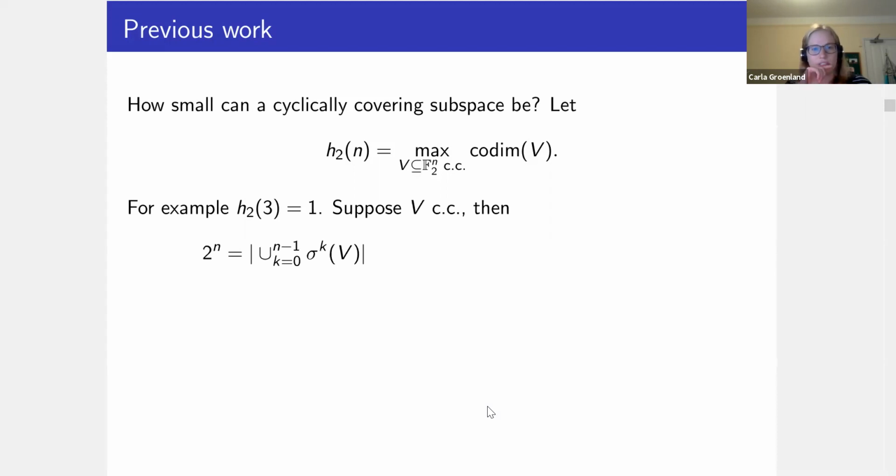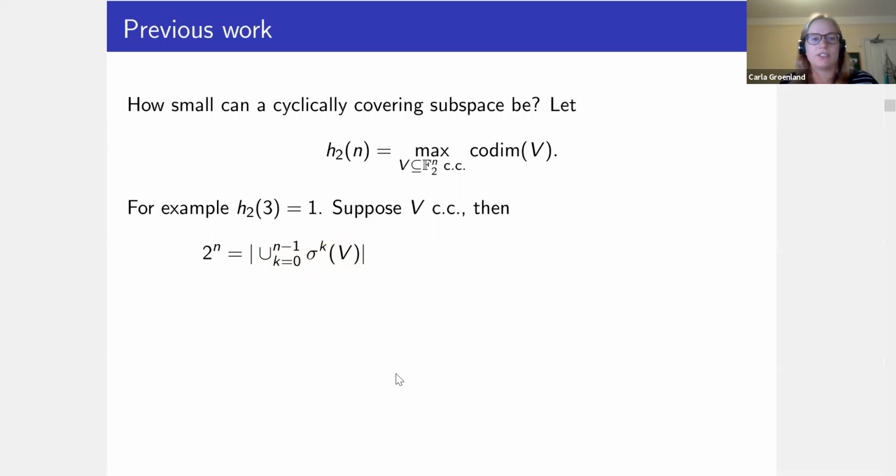Okay, so there's also another upper bound that we can get quite easily. I'll explain that as well to give you a bit more feeling about these cyclically covering subspaces. Whenever we have a cyclically covering subspace, by definition, this thing is the whole space, and the whole space has 2 to the n elements. So that gives this equality.